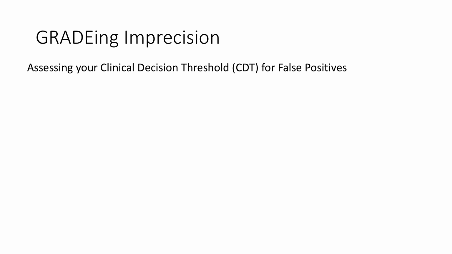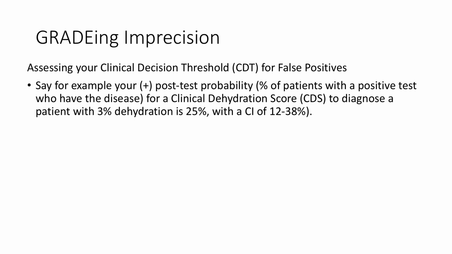In this case, we're going to assess your clinical decision threshold for false positives. The relationship between the clinical decision threshold and the confidence interval will determine whether or not you deduct points for imprecision.